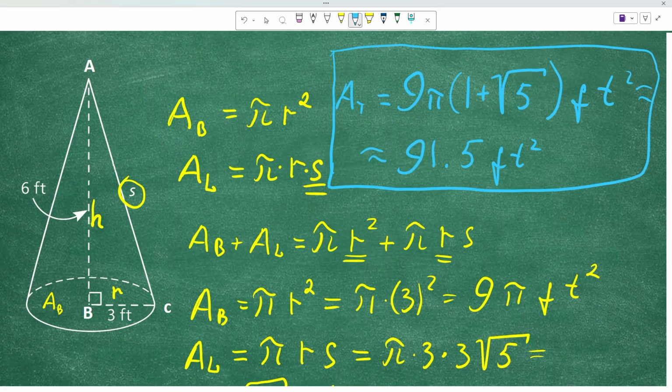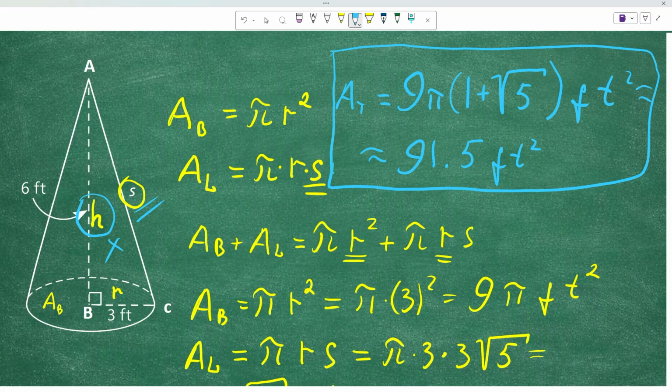Okay, let's recap. When you see surface area of a cone, first, don't use the interior vertical height h. That's for volume problems. Find the slant height s first by using the hiding right triangle and the Pythagorean Theorem. Then use the full surface area formula, base area plus lateral area.